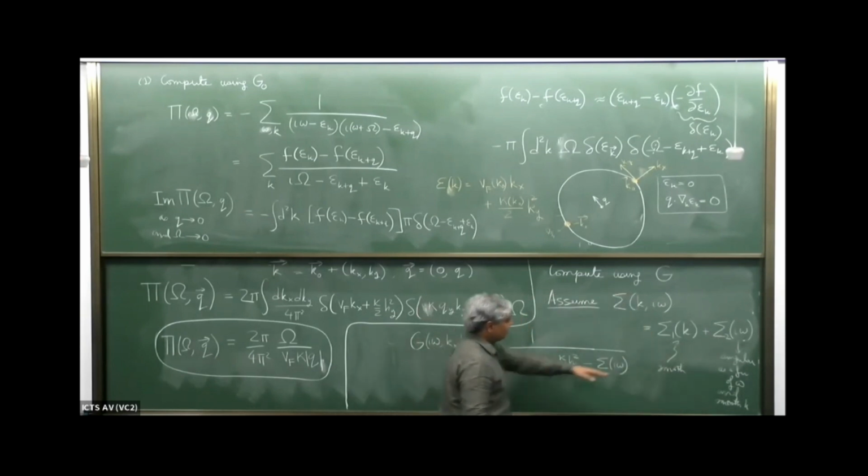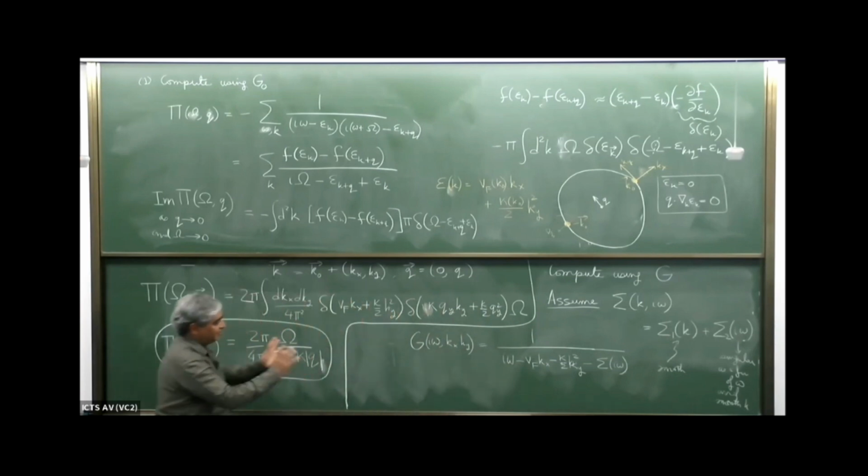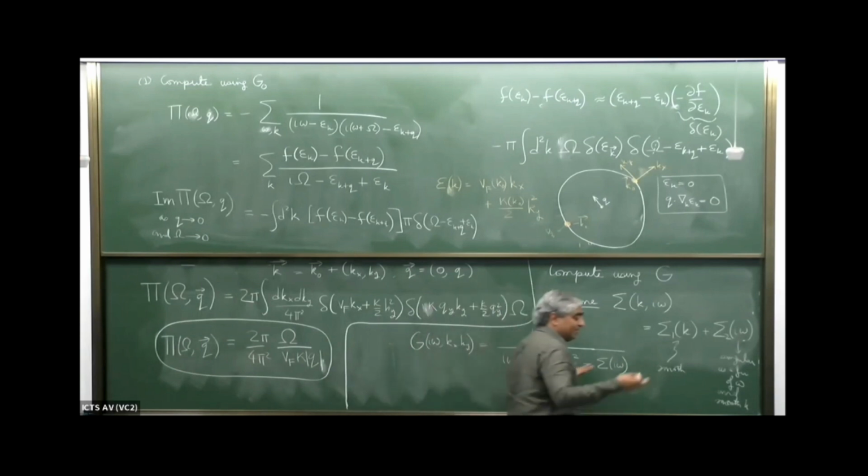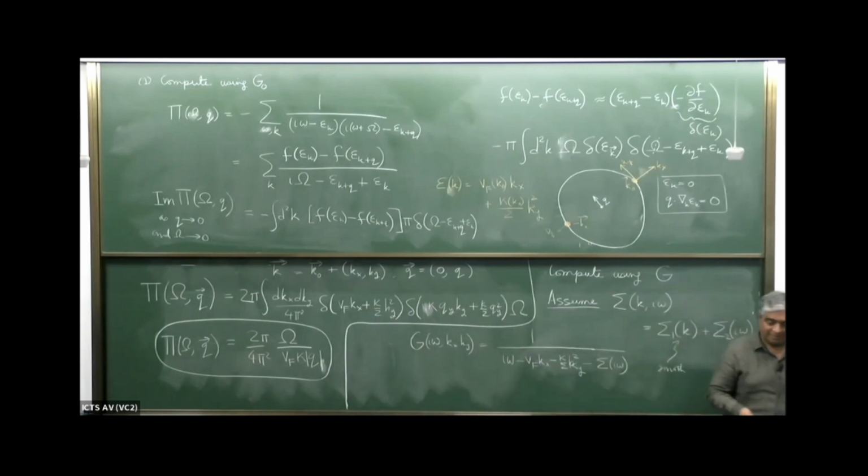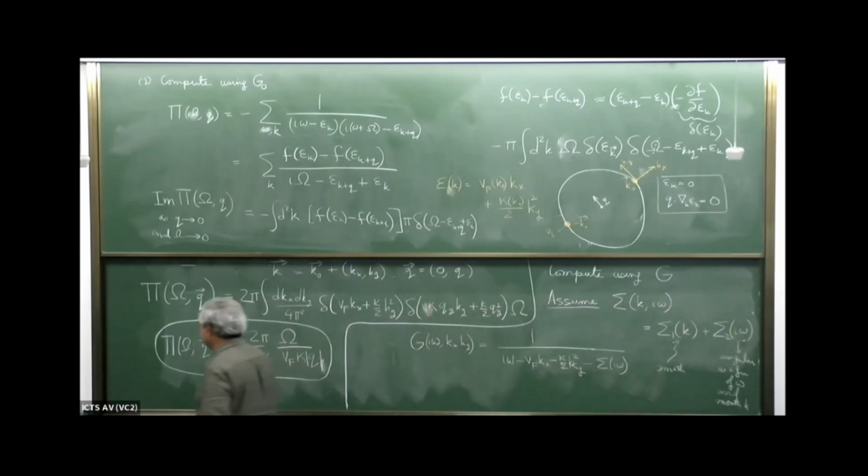And I'm also dropping this because that can be absorbed into renormalization of VF and kappa. So I assume that's already been done, because in practice, you don't know these numbers, you just measure them, and the measured quantities already have the self-energy corrections in them. Okay, so this is the G I'm going to take.